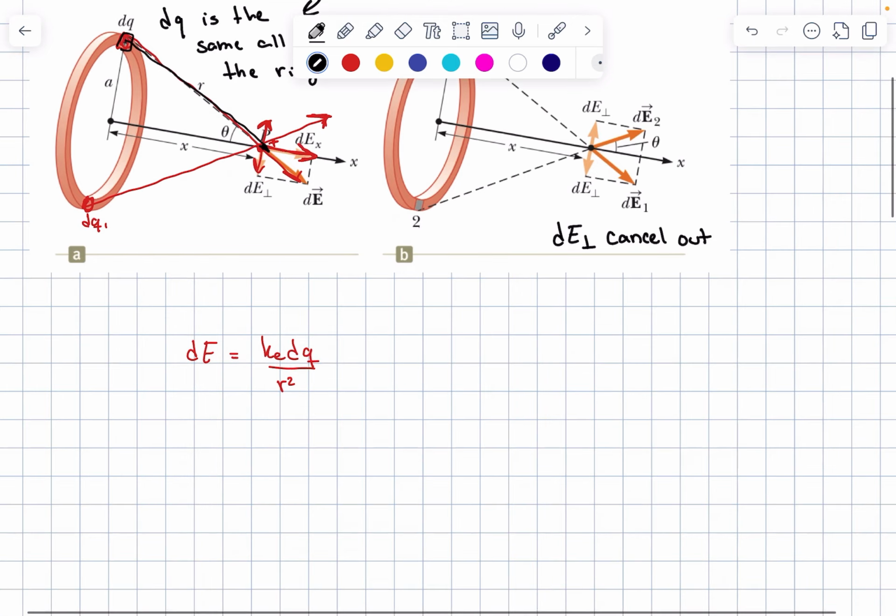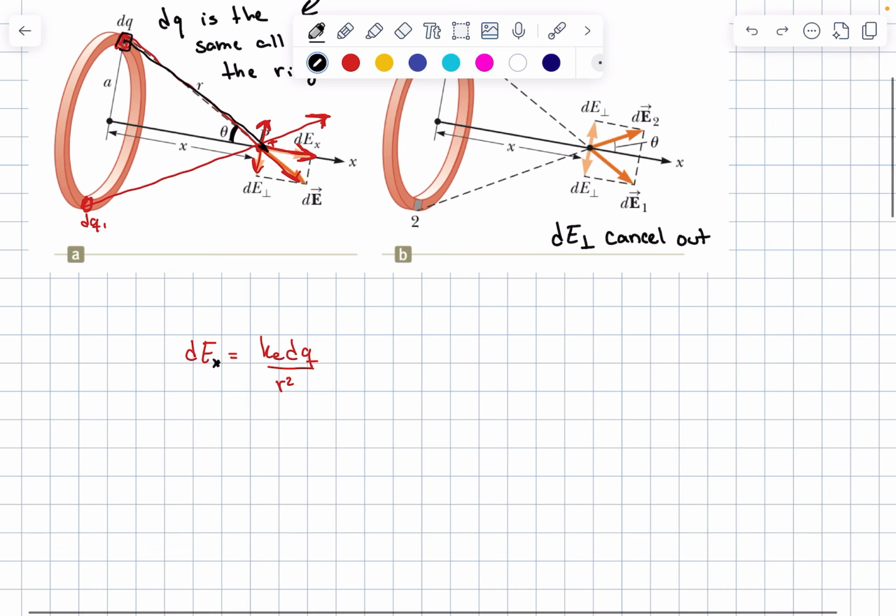Now, if we want to find only dEx, because we know that's the only part that's going to survive, we just need to take the x component of it, which is going to be taking this times the cosine of theta, because here this is the sine theta component, and this along the x-axis is the cos theta component. So if we do this, this will give us the field in the x direction.